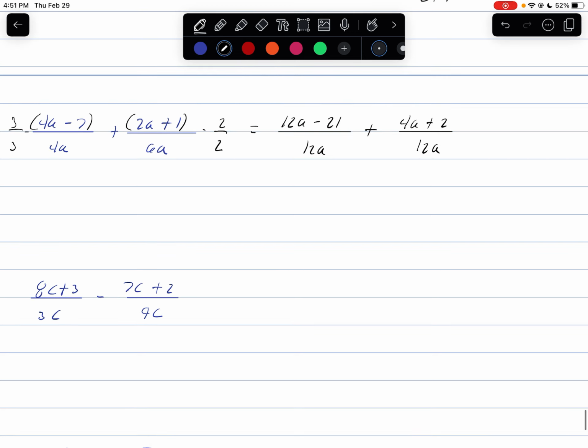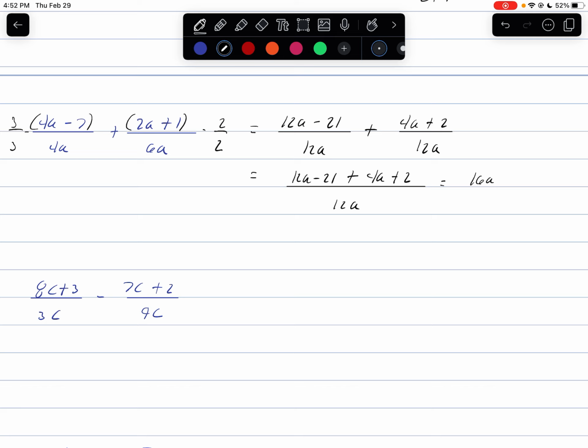And now we can go ahead and rewrite this as a single rational expression with a denominator of 12a. So now we're going to have 12a minus 21 plus 4a plus 2, and this is all over 12a. So now all we have to do is combine like terms. 12a plus 4a is 16a.